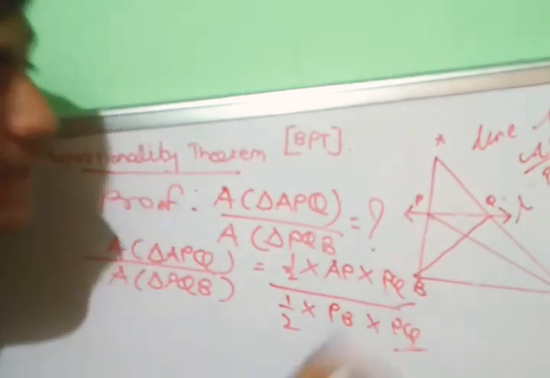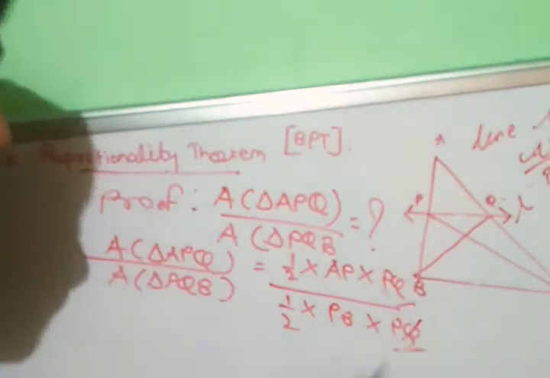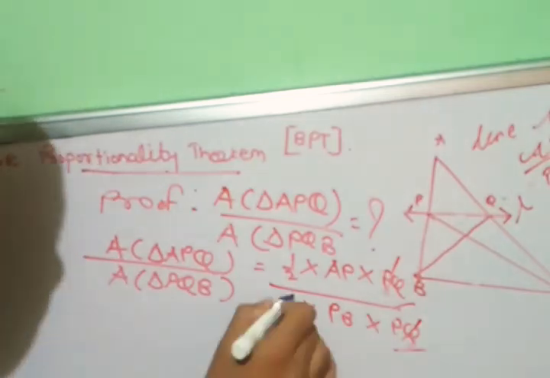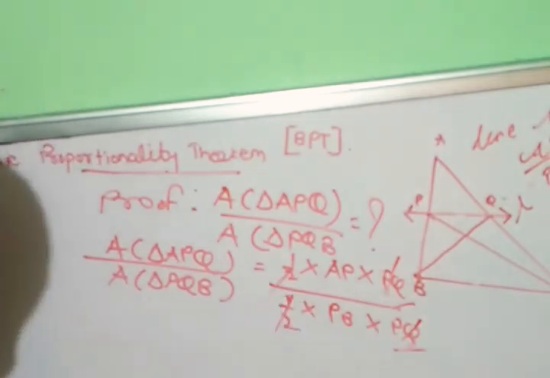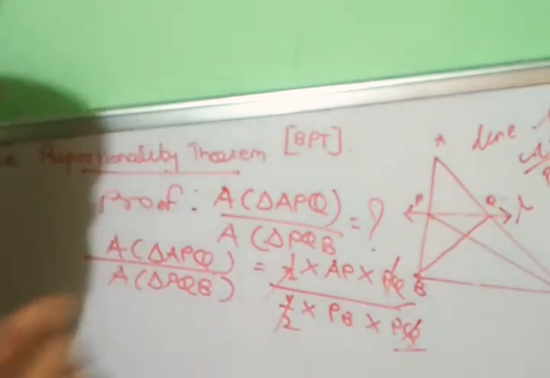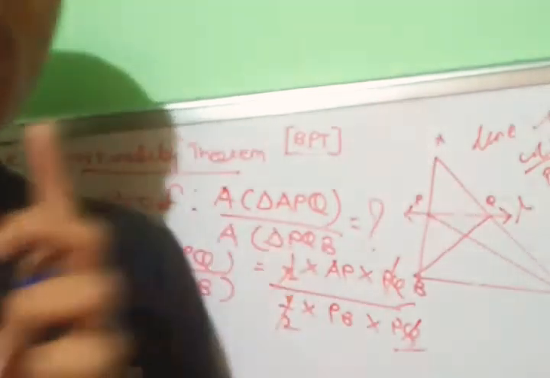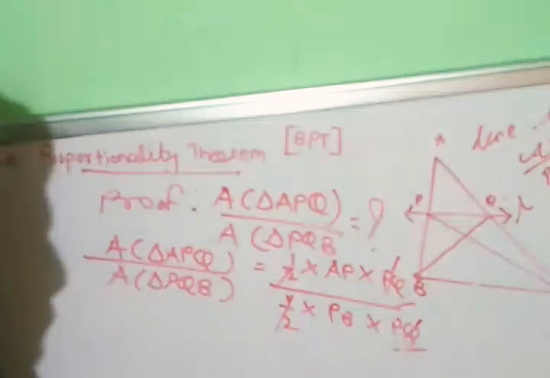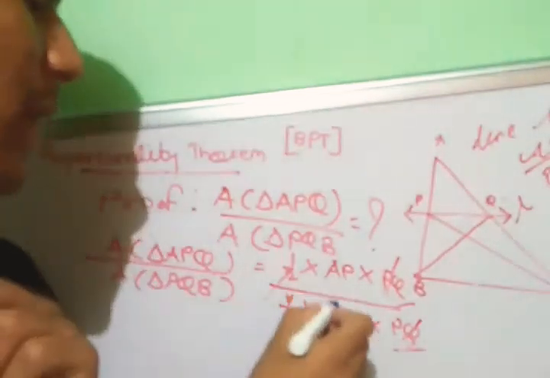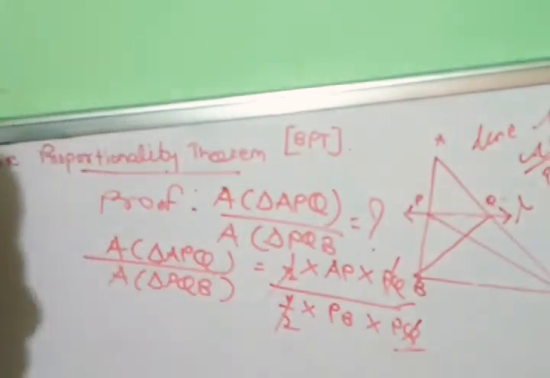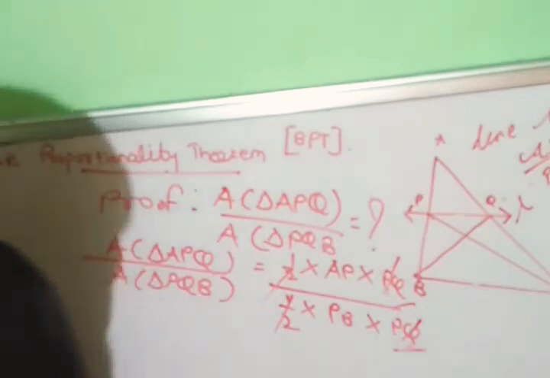Both heights are the same, so the heights cancel and the halves also cancel. So the area of triangle APQ by the area of triangle PQB is equal to AP by PB, and AP and PB are the bases of the two triangles.